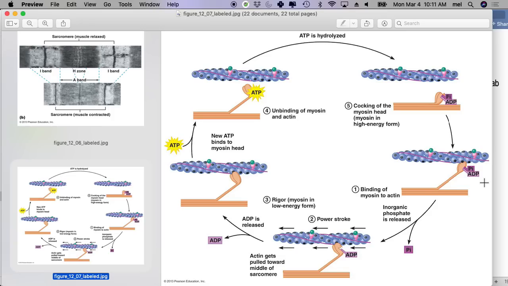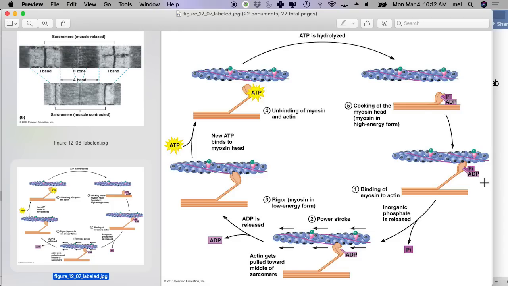Okay? Then how do I allow for the power stroke? Pull the pin. The pin is inorganic phosphate. As soon as the phosphate falls off, yes, I get my catapult release. Power stroke. Yes? Okay. Now I'm stuck here unless the ADP falls off, right? And makes room for ATP to bind.